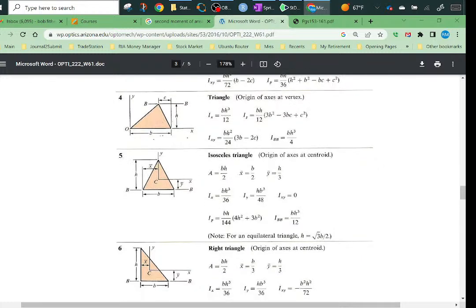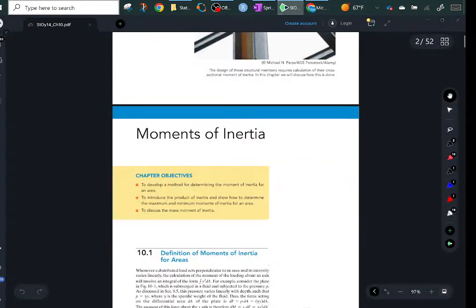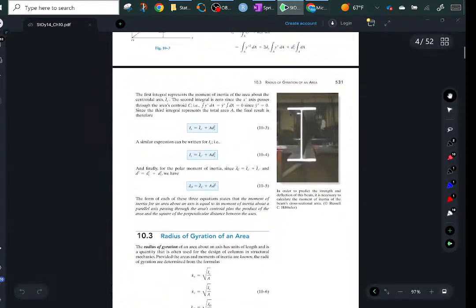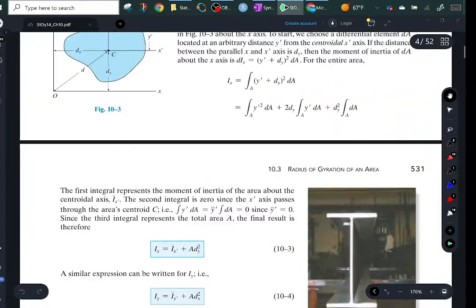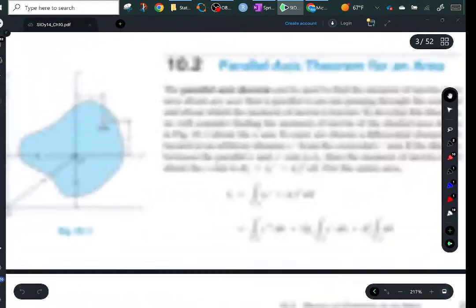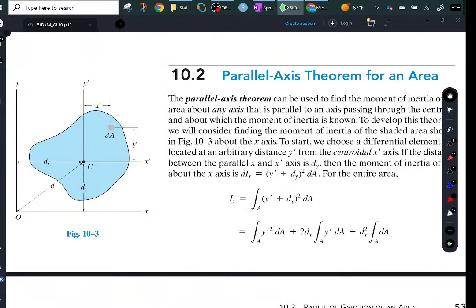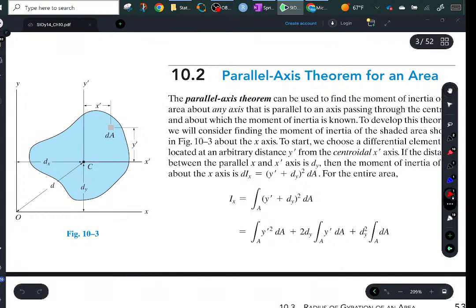So it turns out if you go to the book, which I believe is right around here, there's a derivation of something called the parallel axis theorem. Now, if you stare at this for a minute, all he's doing here is he says, I would like to find Ix about this line right here.